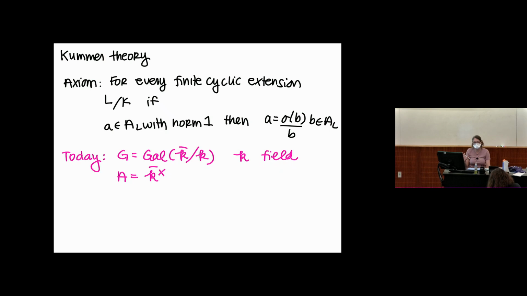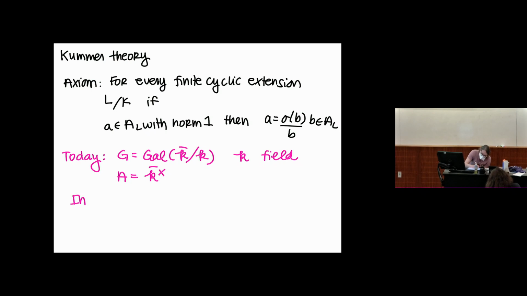So same situation as we were in the local case, except I'm not necessarily assuming that K is the local field. And in this particular situation, if A is the units in the separable closure of some field, actually the axiom is always satisfied, and that's Hilbert 90.